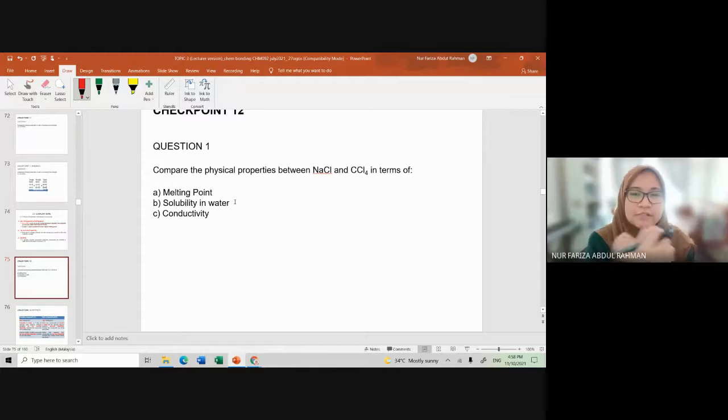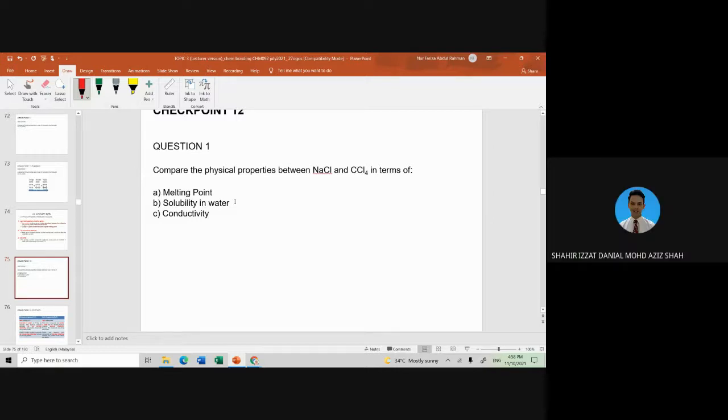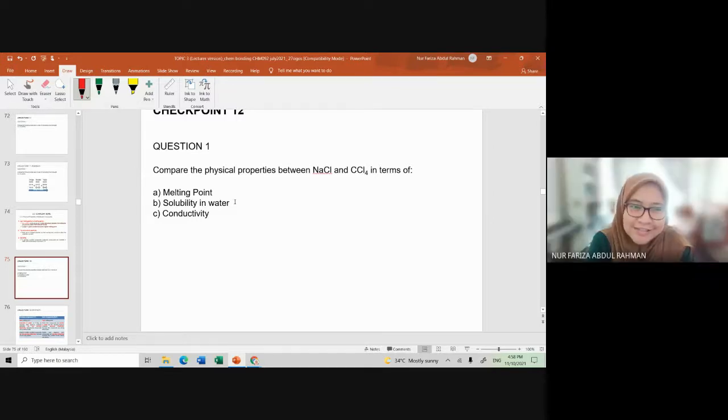In terms of conductivity, sodium chloride and CCl4? This one I tak tahu madam. Tak boleh. Dia tak boleh jawapan tak tahu. Kena jawab juga. Sodium chloride and CCl4, which one can conduct electricity?